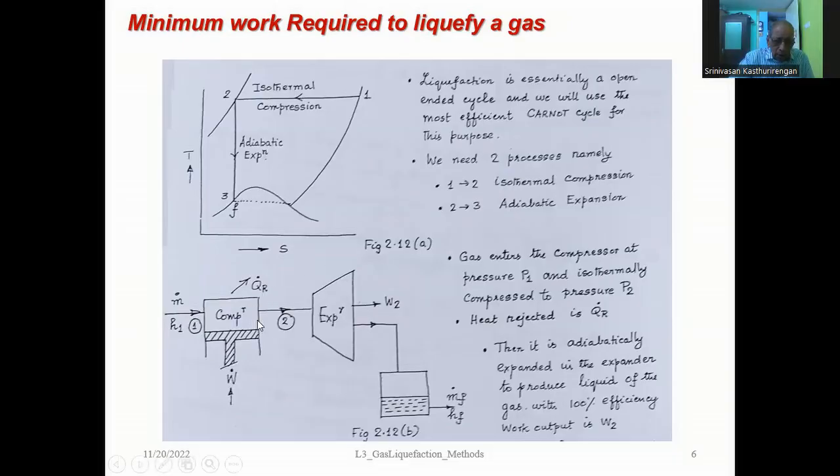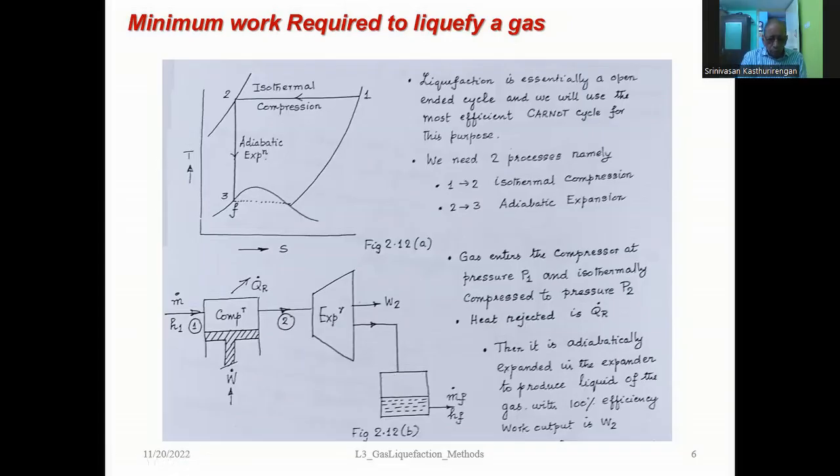Q_R dot is the heat rejection, and then the gas at the end of the compression process increases to a high pressure level, and then it is expanded adiabatically through the expander. The expansion process is perfect, and therefore 100% of the fluid is totally liquefied, and you collect the liquid in the reservoir. This is the process we talk about.